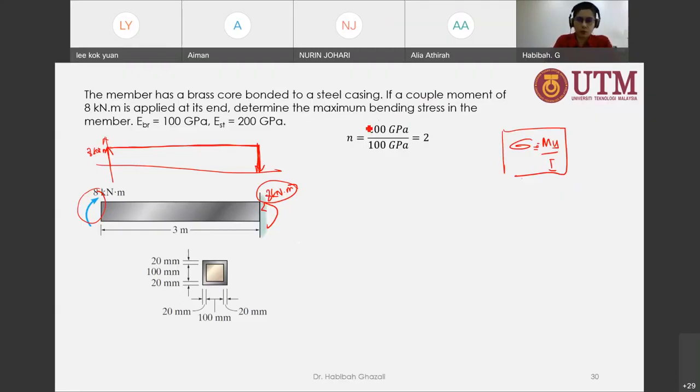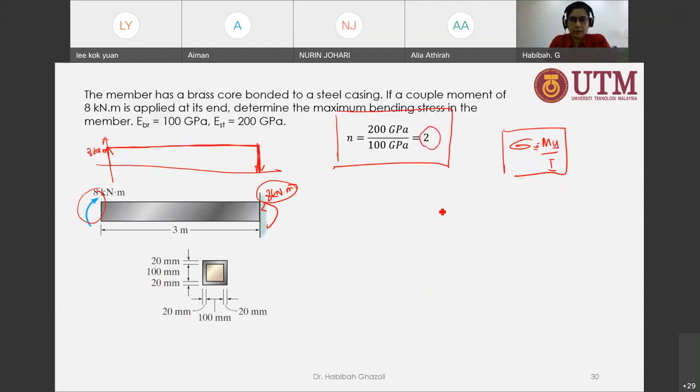So what we need to do is use the transformation equation. I divide the Young's modulus of steel by the Young's modulus of brass, I get 2.